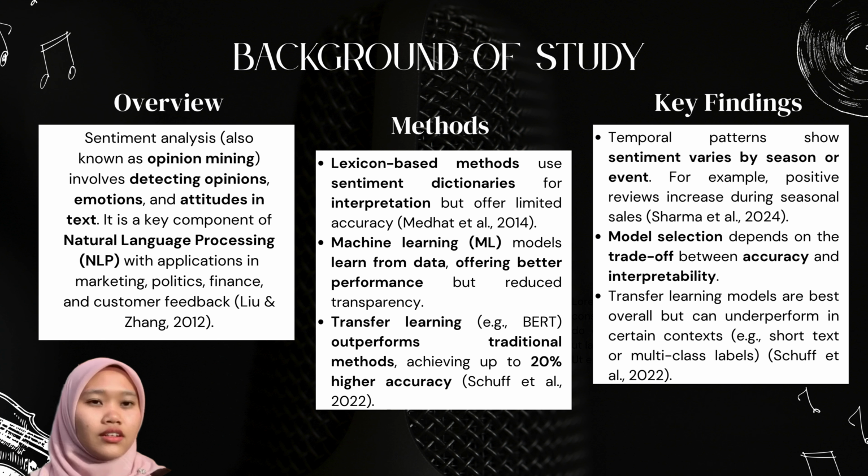Further, Zhao, Reshuk, and Zhao from 2021 evaluated a wide range of sentiment tools and found that performance can vary depending on the dataset and the model architecture used. This suggests a continued need for models that are adaptable and robust.